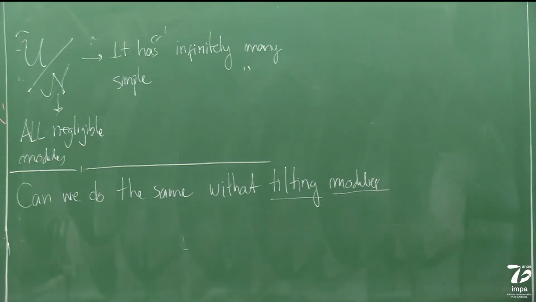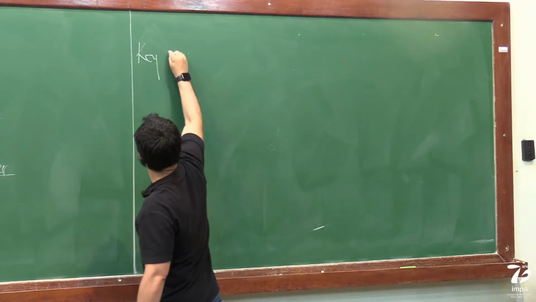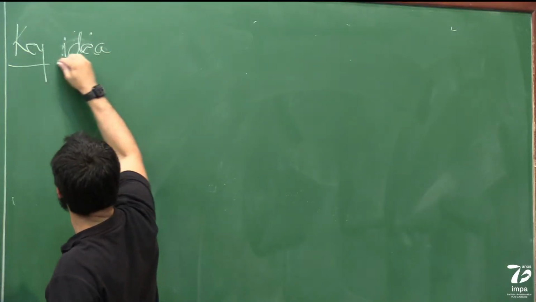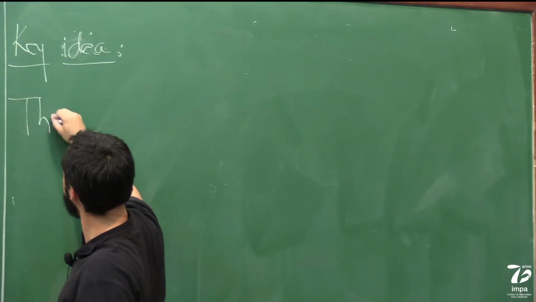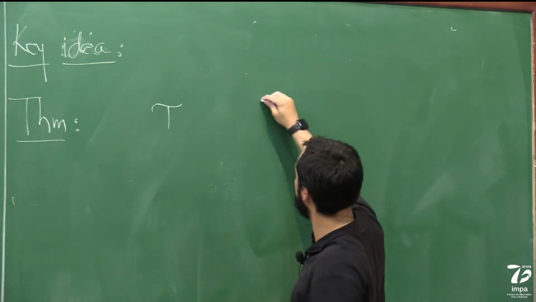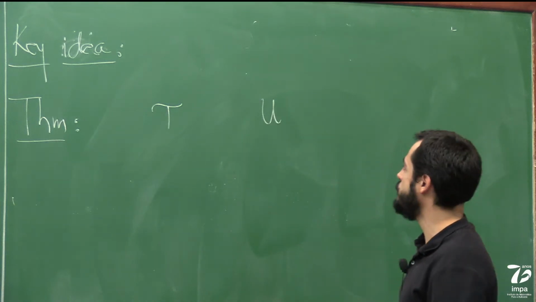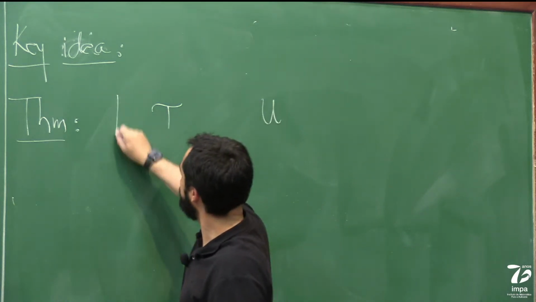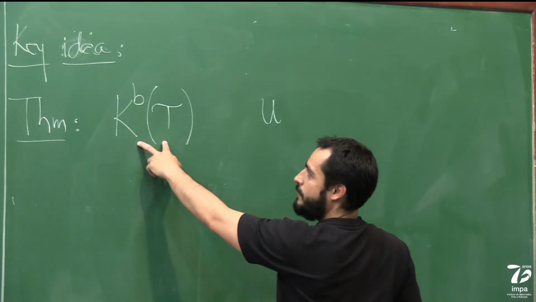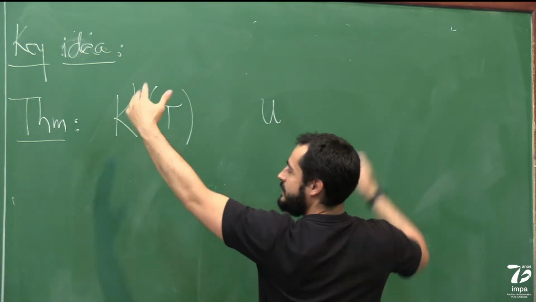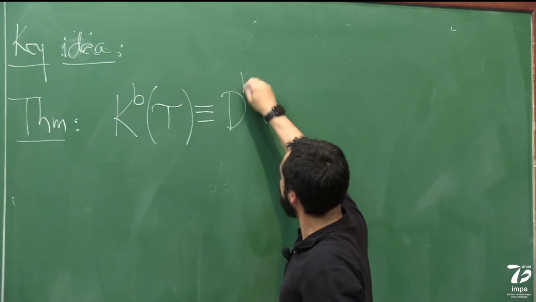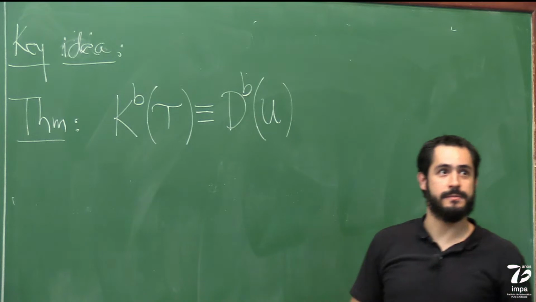And the key idea for this is the following theorem, which relates the tilting modules and the finite dimensional modules for the quantum group at a root of unity, which claims that the bounded homotopy category, this is the category of chain complexes up to homotopy, is equivalent to the derived category of all representations.